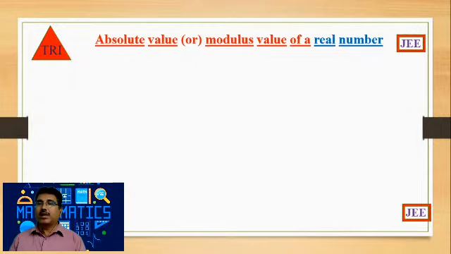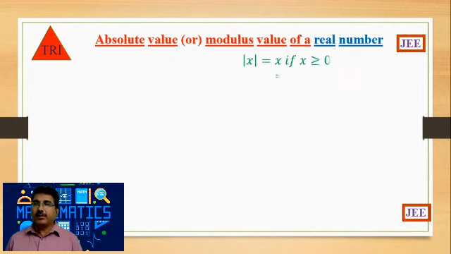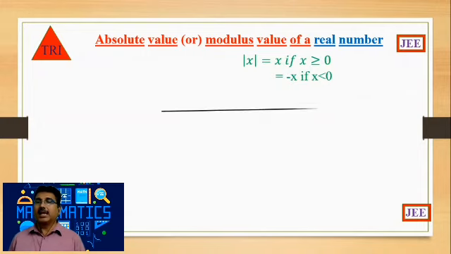Now, the definition of modulus of a real number: mod x equals x if x is greater than or equal to 0, and equals minus x if x is less than 0. Now, consider a real line from minus infinity to infinity. 0 is a real number and x is also a real number.